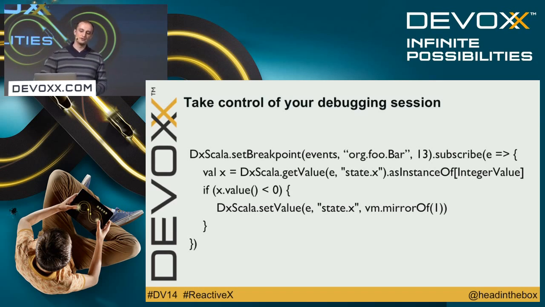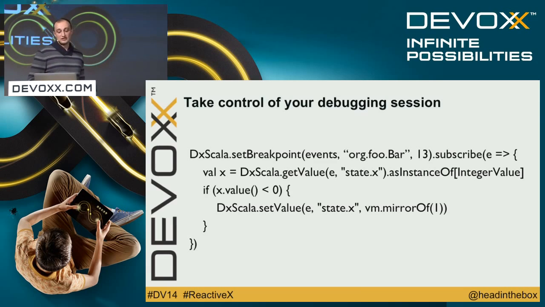Now you subscribe to this stream, so every time your program hits that breakpoint, an item will be emitted. And what we can do is check for some value. So we can get the value of a field called state, which has a value x, and we know that's an integer value.